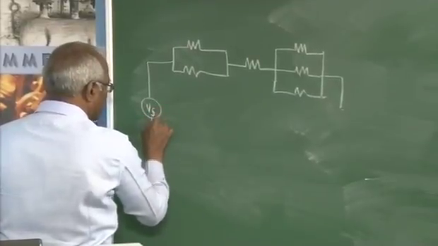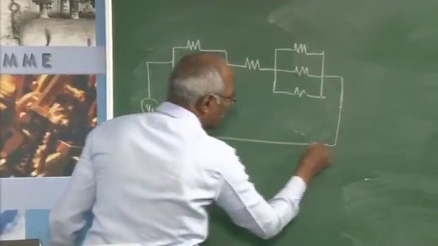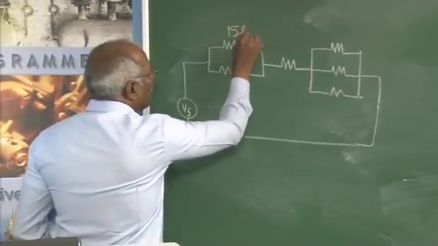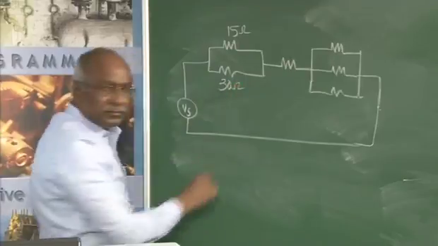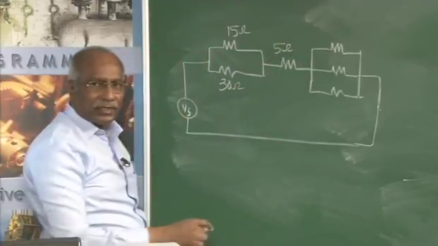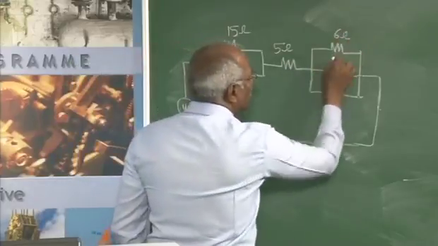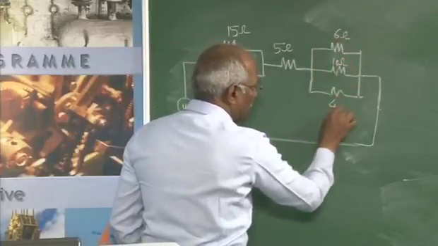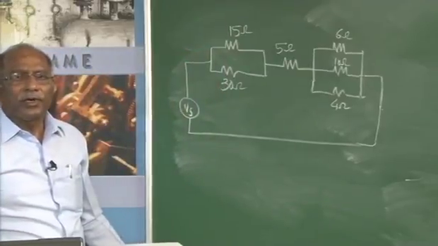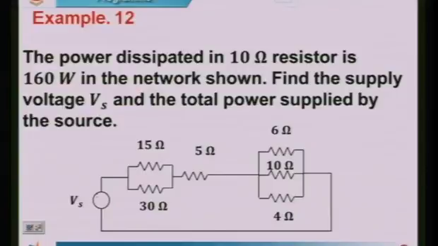This is Vs. These are 15 ohm, 30 ohm, 5 ohm, 6, 10, 4. It is required to find the supply voltage Vs.